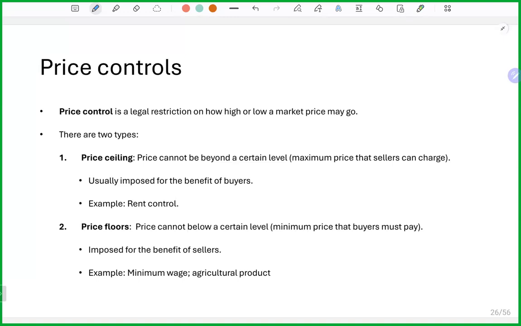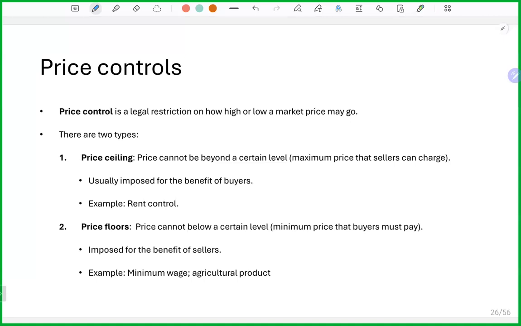It applies mainly to unskilled workers, workers in low-skill labor services. Without this control, wages would be lower. But because of this wage control, wages are sustained at a higher level. Also, it can be imposed for agricultural products, such as rice, for producers of rice.